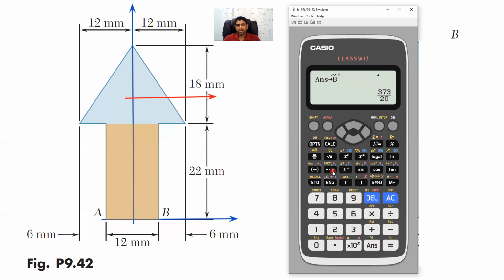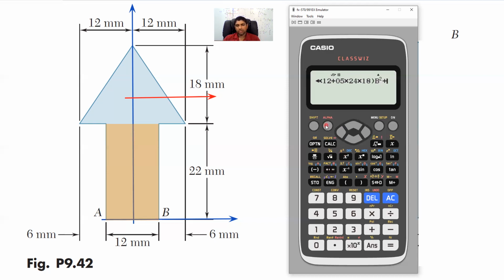We need to find Ix bar. So Ix bar is equal to Ix, that means the previous value, minus the area of the whole thing, 22 into 12 plus 0.5 into 24 into 18, times y bar, which is B now, squared.